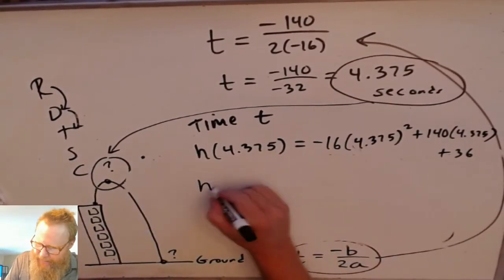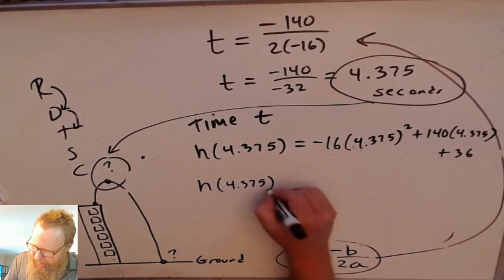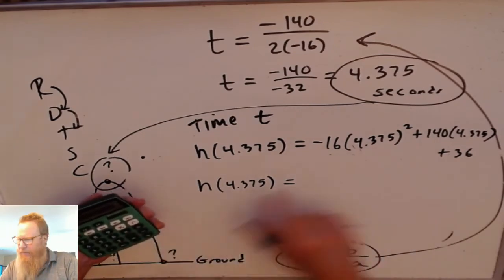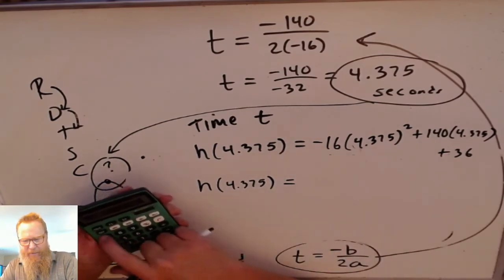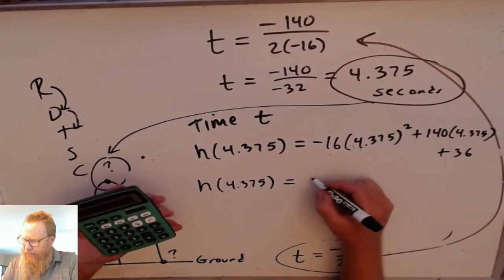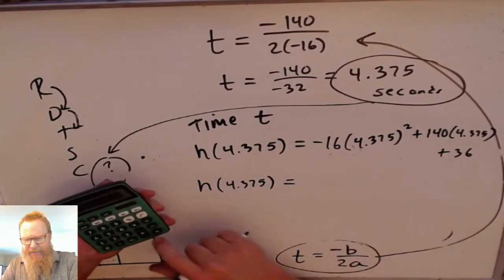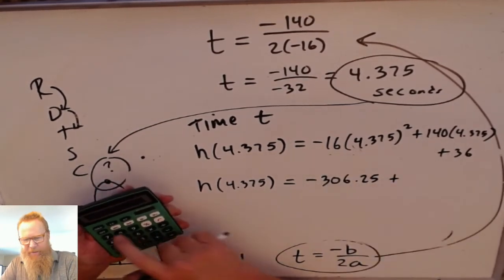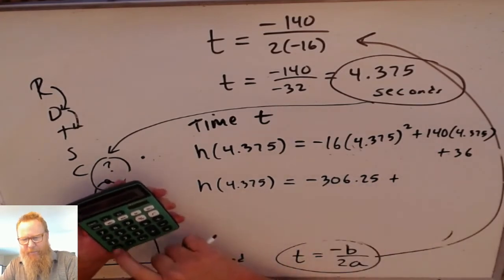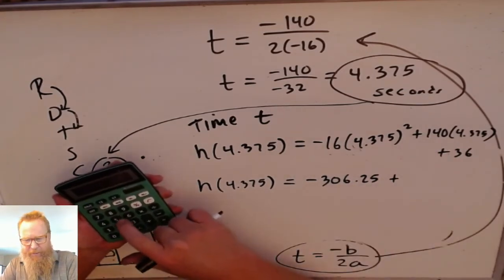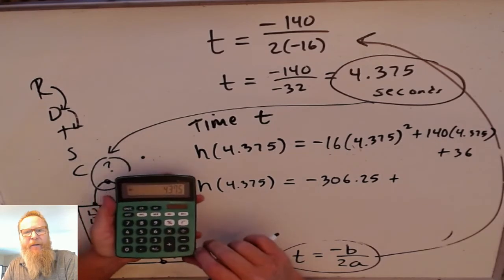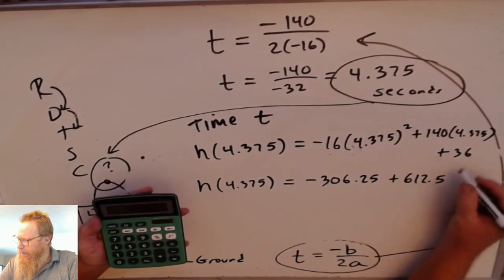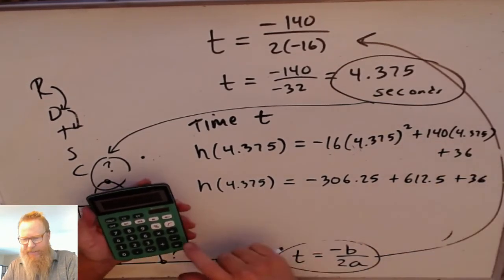All right, so you got h of 4.375. Definitely going to want a calculator for this, so square it. Multiply it by negative 16, so you're going to get negative 306.25. Now do this one, 140 times 4.375 is 612.5, and then plus 36.